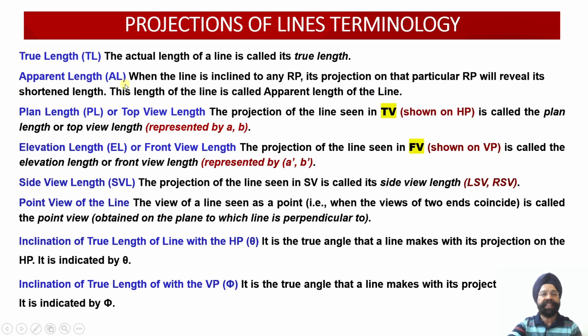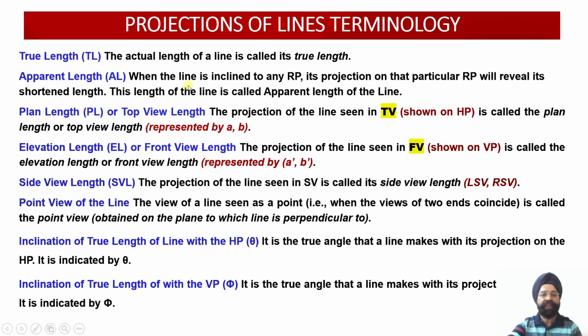Then the second term which we are going to use during the discussion of projection of lines will be apparent length. We have already discussed that whenever a line is inclined to any given reference plane, its projection on that particular reference plane will reveal its shortened length. So this length is called the apparent length of a line. Also, another thing we need to remember: the apparent length of a line is always shorter than the true length of a line.